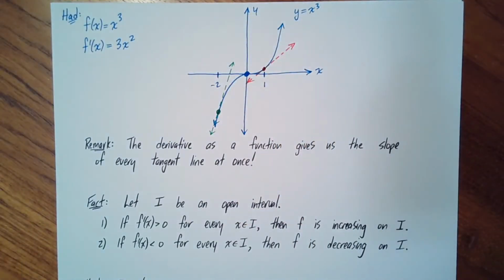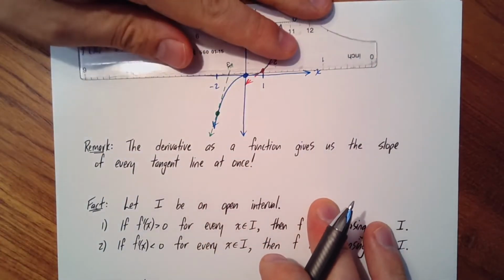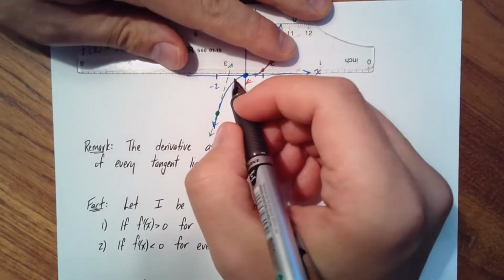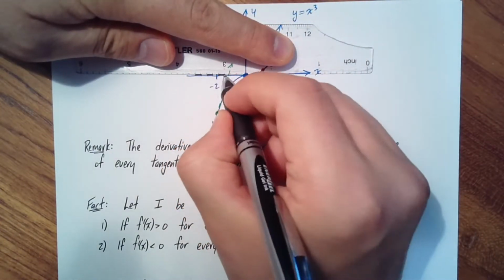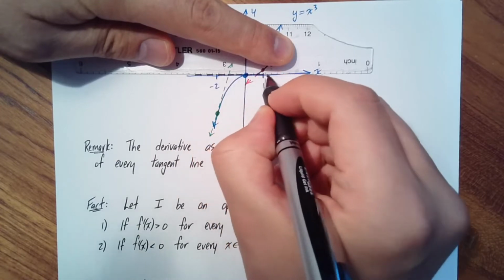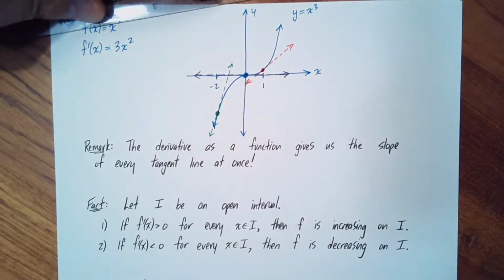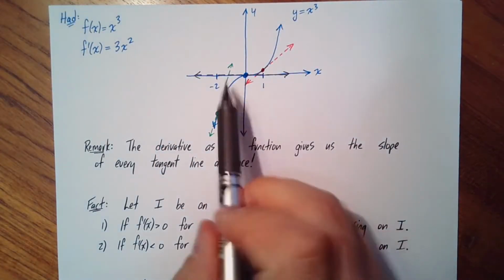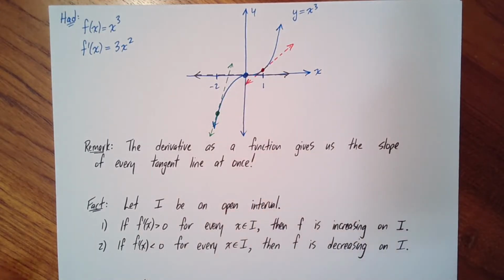Then at the point x equals 0, right at the origin, I can draw a tangent line there. I'll try and draw it just a bit above so it doesn't coincide too much with the x-axis. You can see a black tangent line going along here, tangent to the curve right at this point.